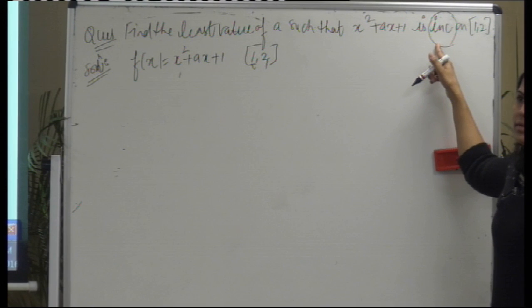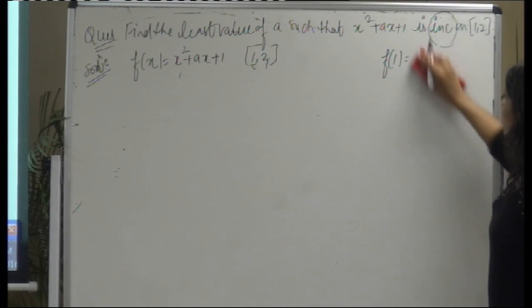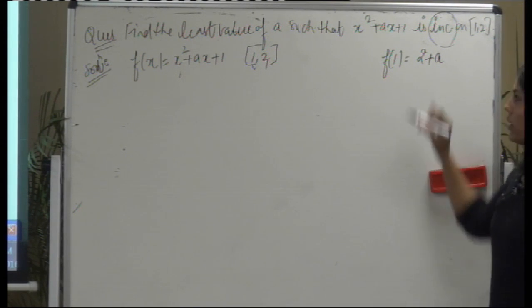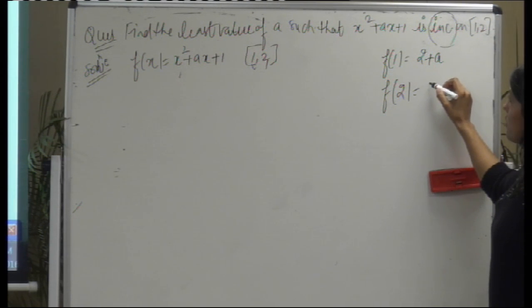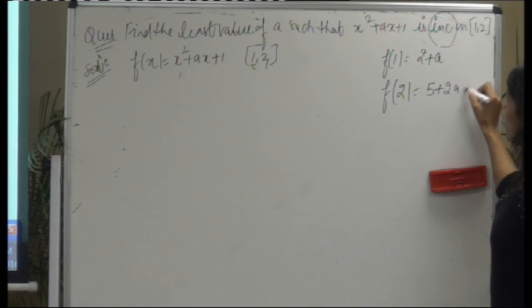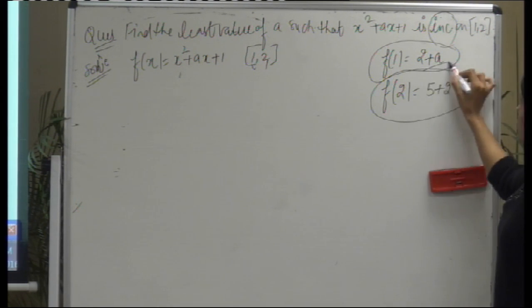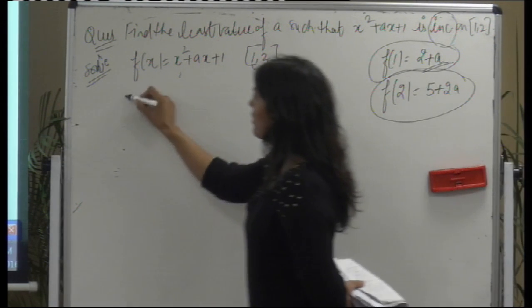So least value is f of 1. f of 1 is how much? 2 plus a. And maximum value is f of 2, 4 plus 2a plus 1. But I am not bothering about this. I want to know the least value. Now from here, can you answer anything? Minus 2? Sure?